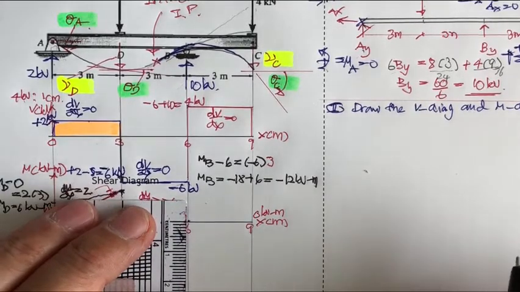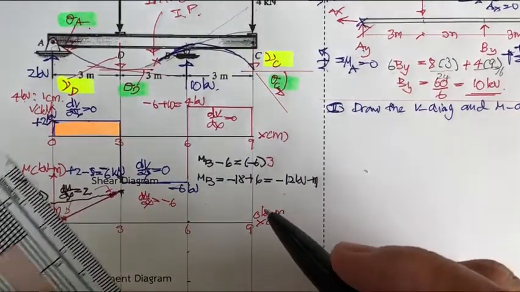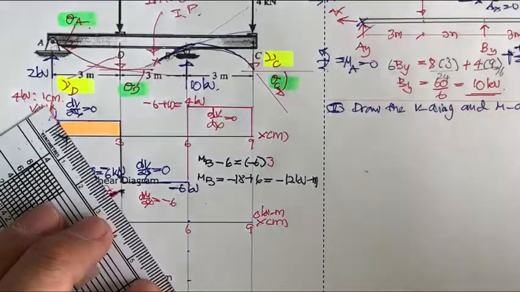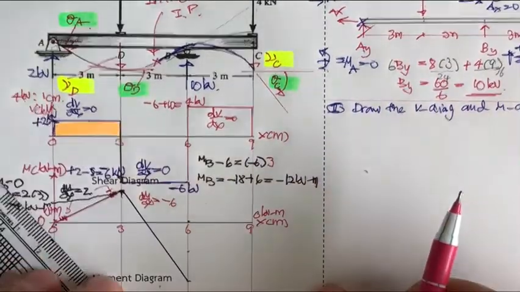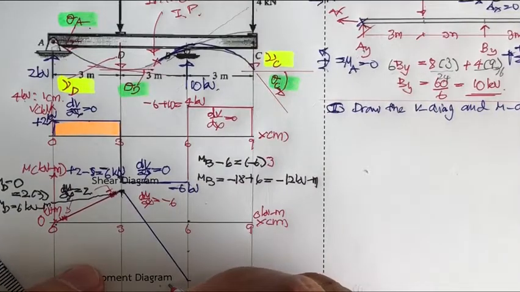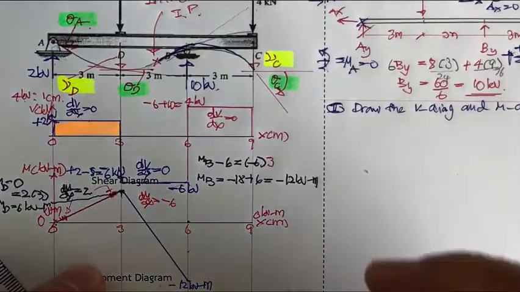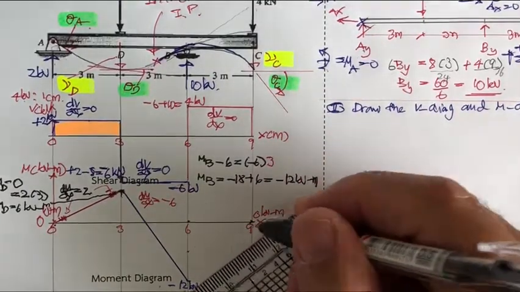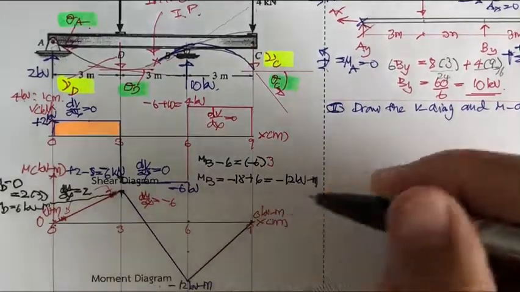So this is 6, this is 12. Okay, and then your curve is going to be like this. This is going to be minus 12 kilonewton meter. And the last one is going to be easy because this is 0. So you can draw the line, but you have to say what the slope is.